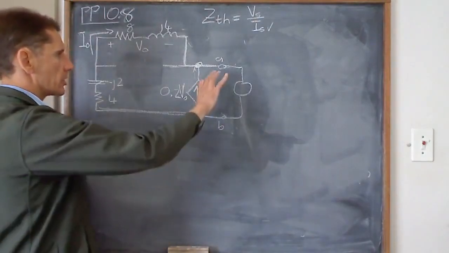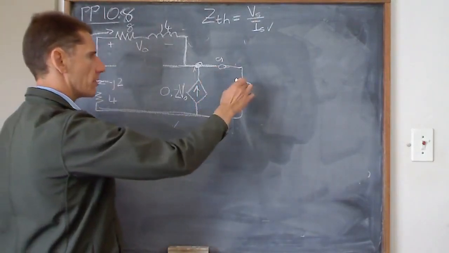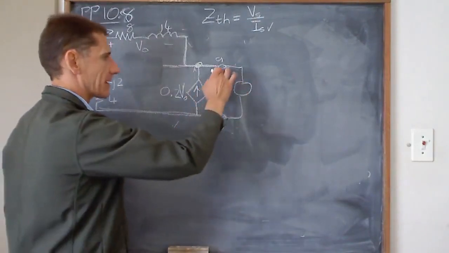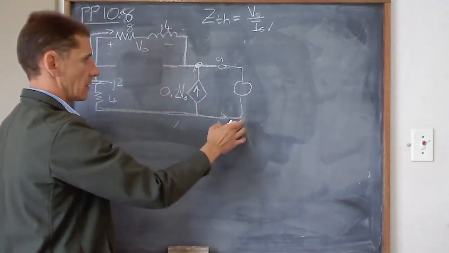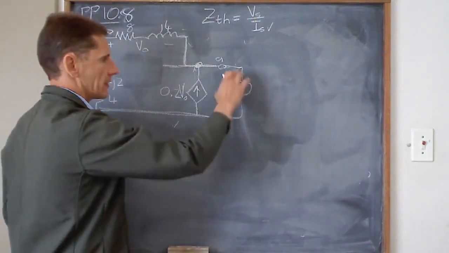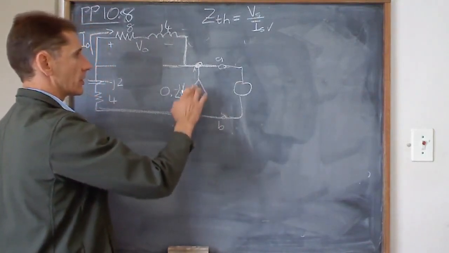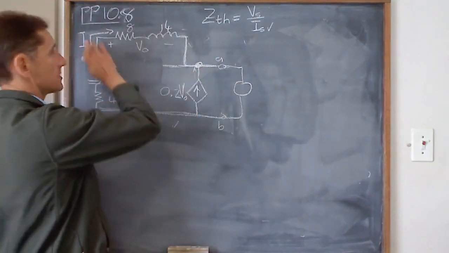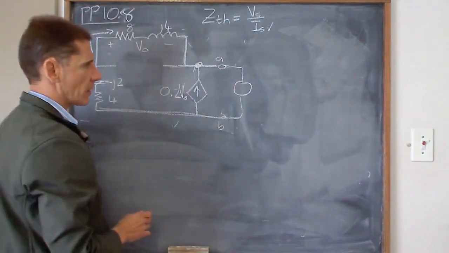Now if I'm going to put a voltage source in there, then you would have to go and calculate the current that flows through there. What will the current be that flows through there? Well, you're going to have this current coming in, and there's this I out that's going to come in as well.